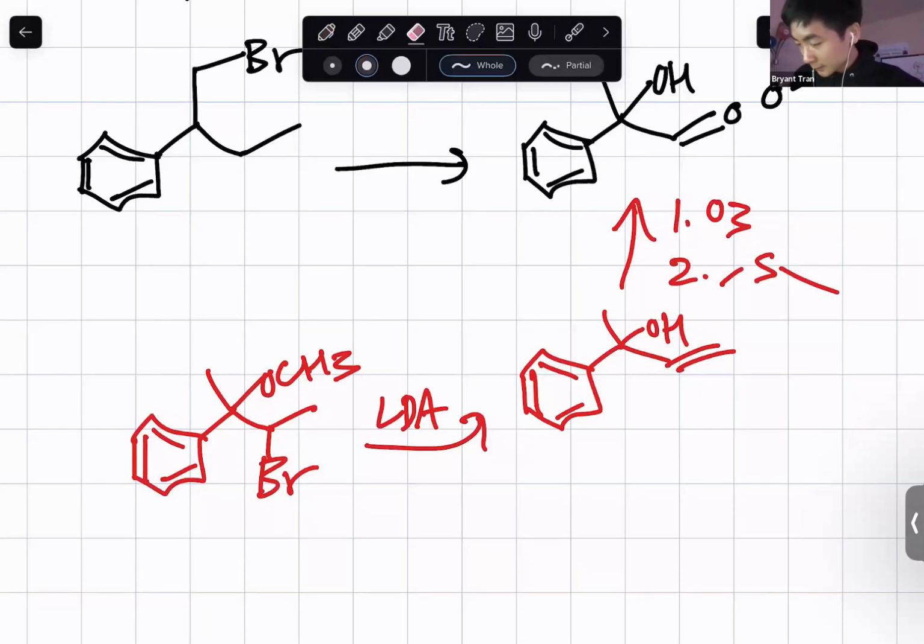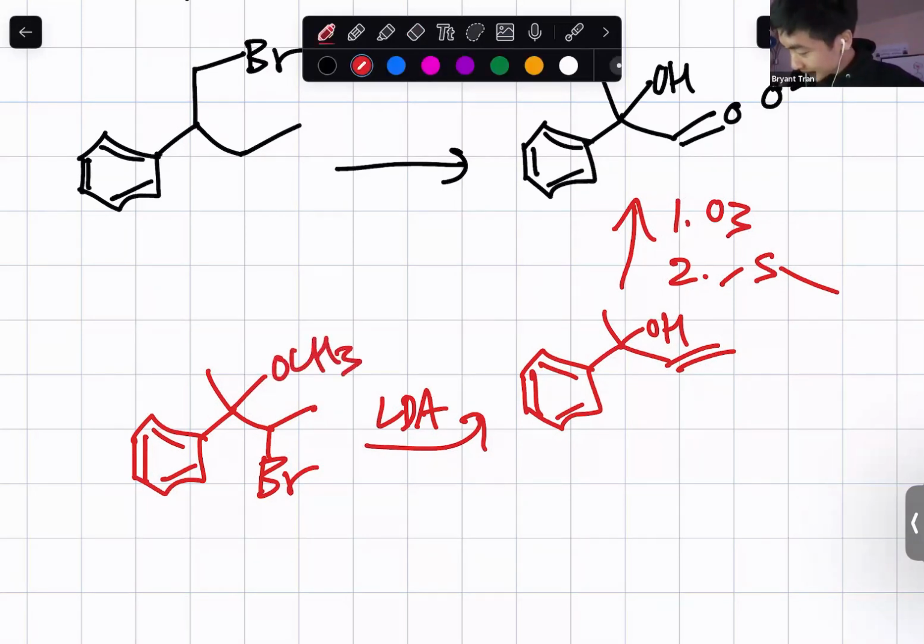What if we took the alcohol off before? How can we do that? Let's say that this came from an ether, OCH3, and we did LDA. Oh no. Because to deprotect, we have to use acid, but this alkene would get protonated as well.